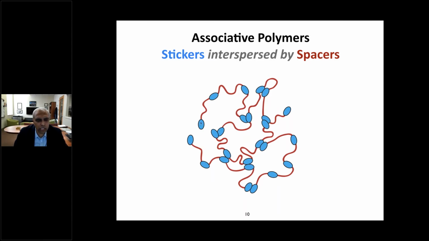And these stickers that provide specific interactions will then be interspersed by spacers that could, again, be intrinsically disordered, or they could be other structural domains that provide a sort of scaffold. But the key point here is the number of these blue stickers, and as the number increases, so does the valence of the sticky regions or sticky motifs.